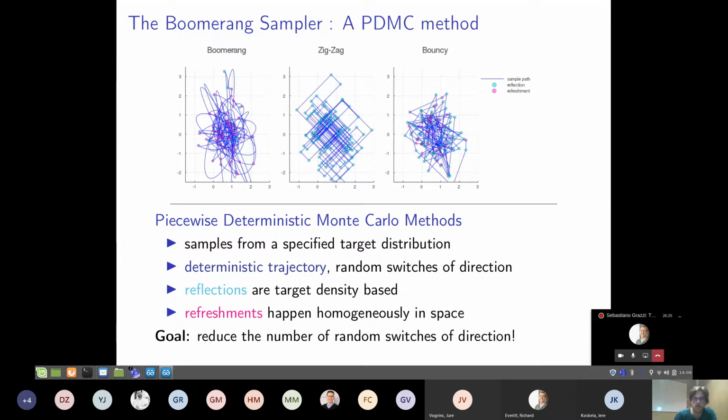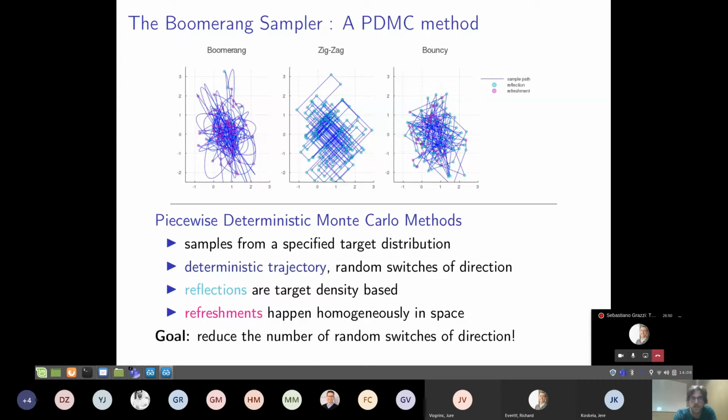random switches, because for these algorithms, the number of random switches is strictly related with the performance of the sampler. So you see the peculiarity of the Boomerang Sampler compared to the zigzag and the bouncy particle samplers, which are the two most famous samplers of the family of piecewise deterministic Monte Carlo methods, is that the trajectories are, in this case for the Boomerang, curved.